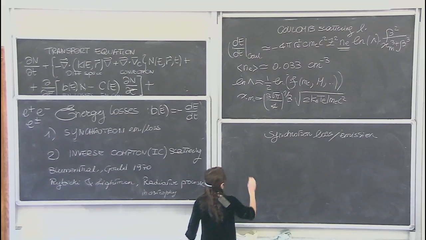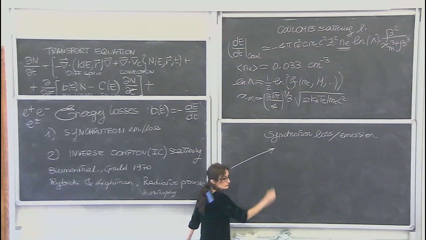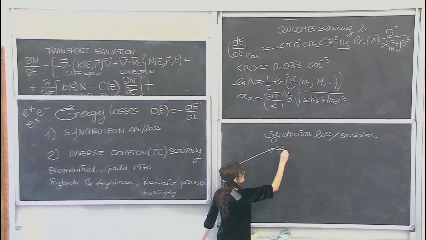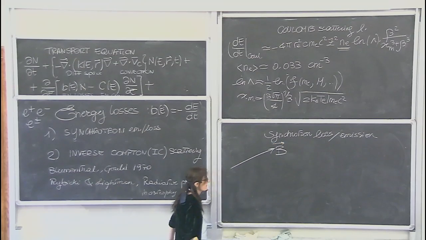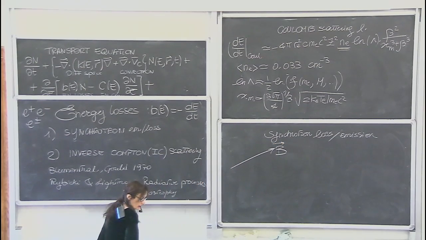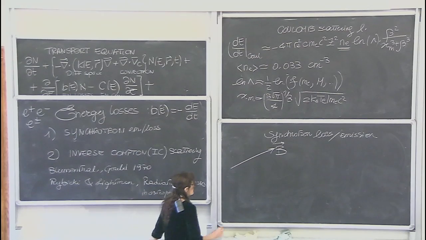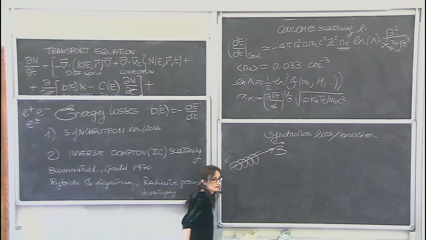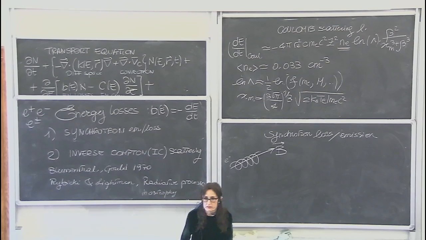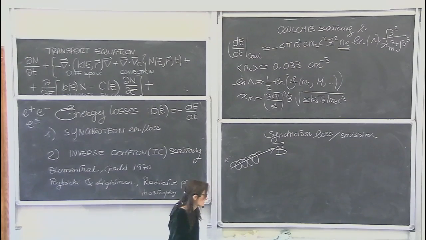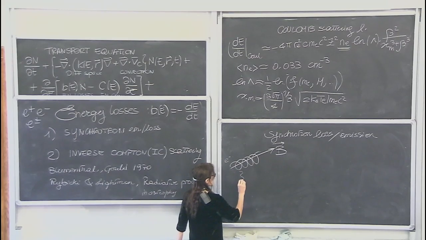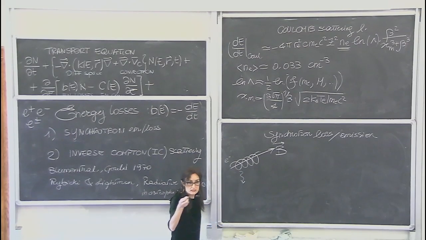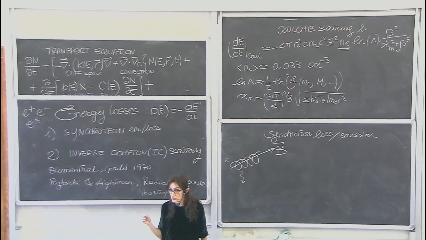We have a magnetic field B, and any time a particle, for example an electron, travels around this magnetic field, it loses its energy and emits photons.